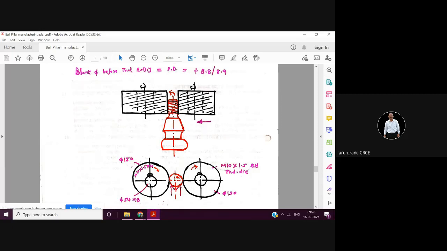So if we calculate, suppose this is rotating at around 1200 RPM, so 1200 revolutions per minute. Okay, so in 1 second, how many rotations will happen? 1200 divided by 60, isn't it? So how many rotations in a second? 1200 divided by 60, that will be 20 rotations, isn't it?